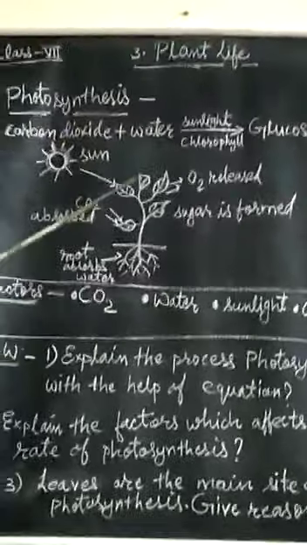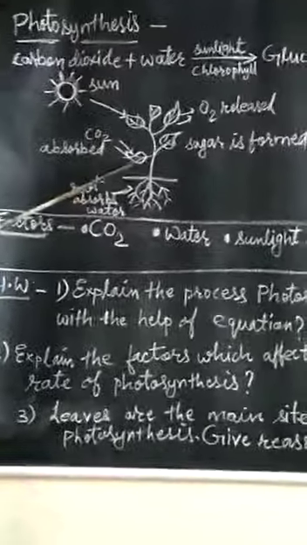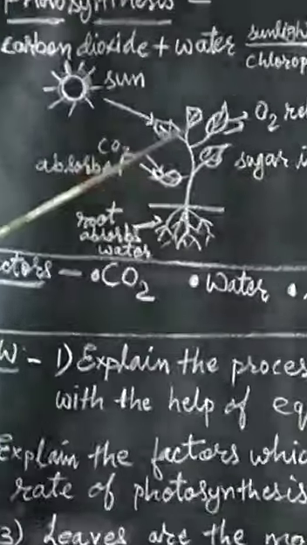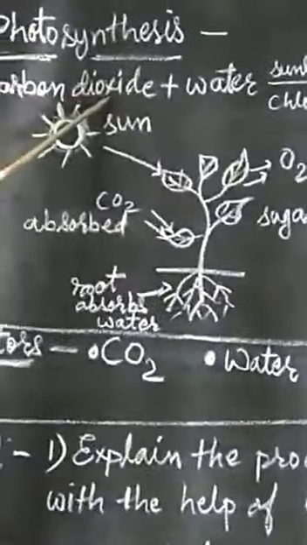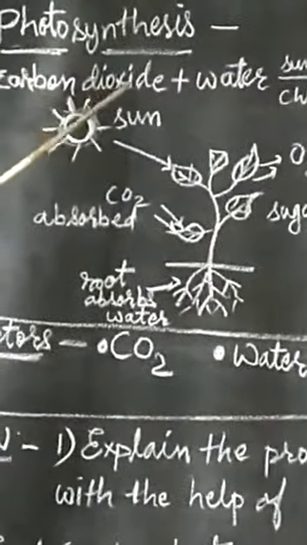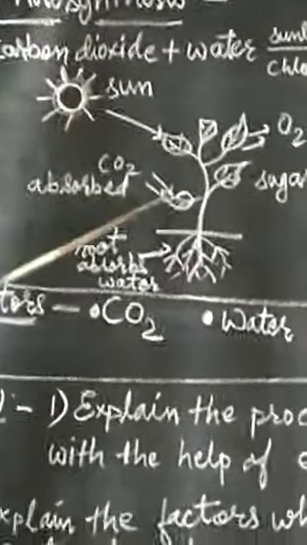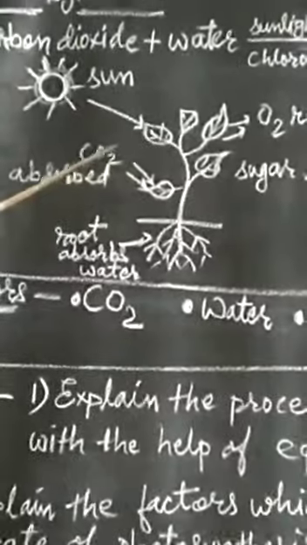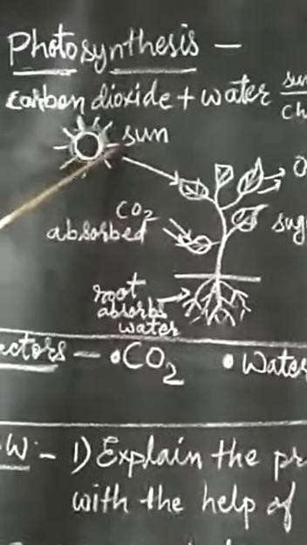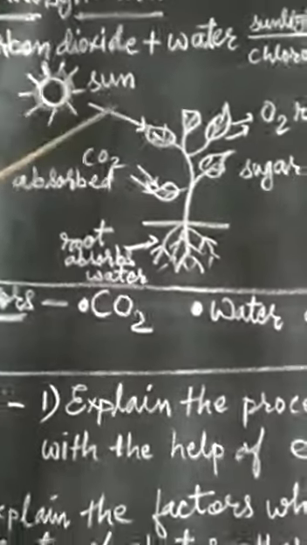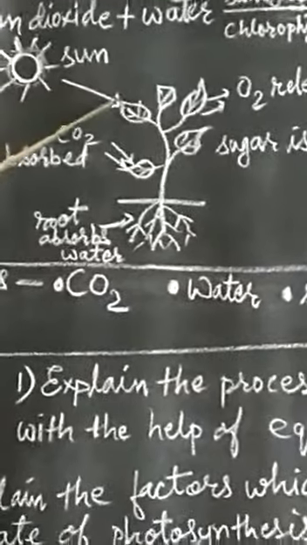Now see in the diagram these basic ingredients for photosynthesis, how a plant gets them. From sunlight, they receive light energy.